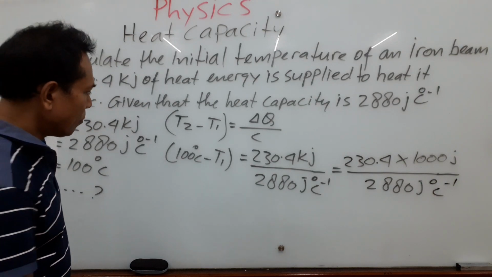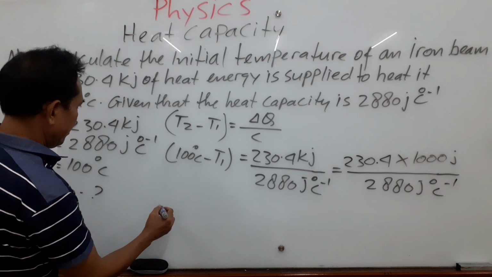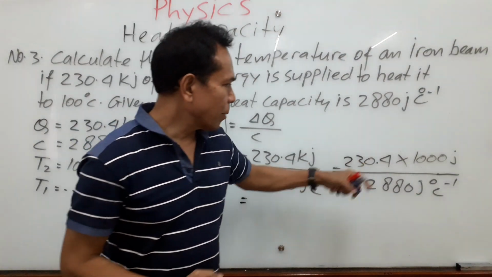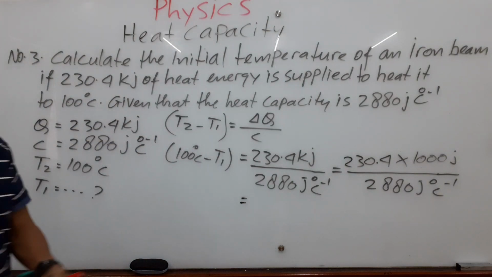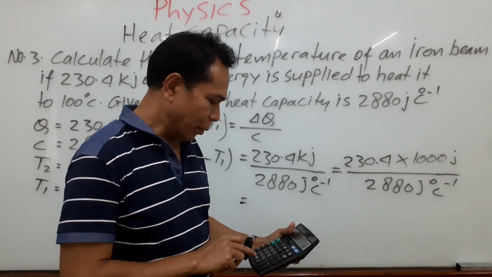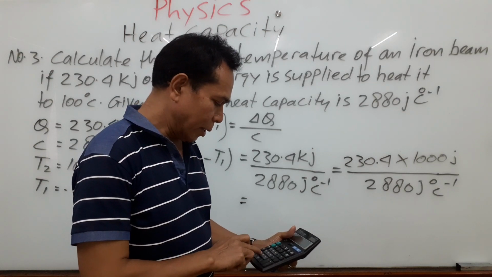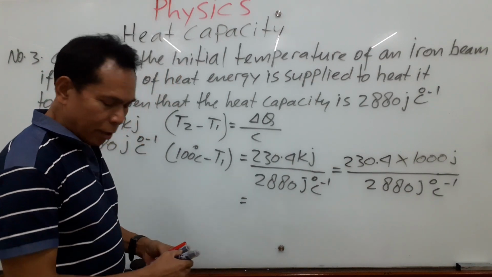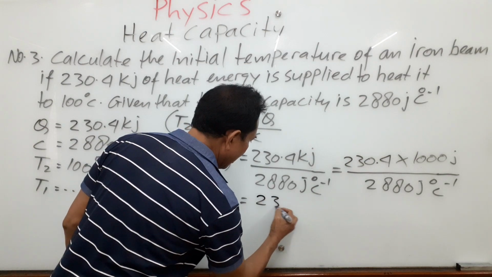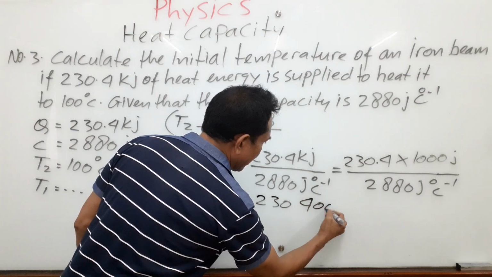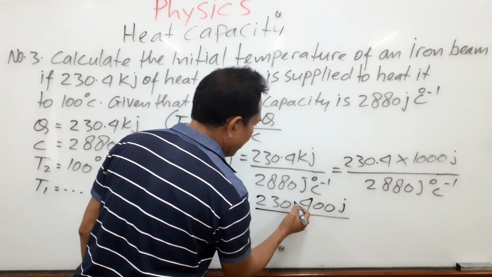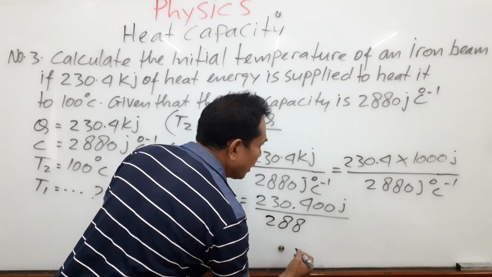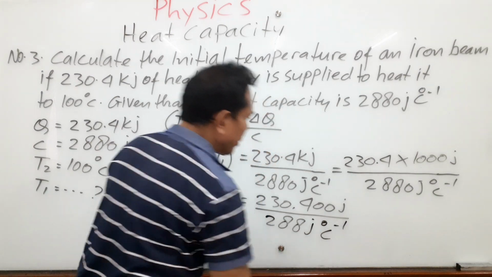We bring it here. We multiply this, using our calculator to make it faster. 230.4 times 1000, we get 230,400 joule over 2880 joule degrees Celsius power minus 1.